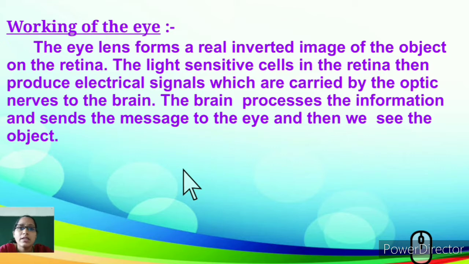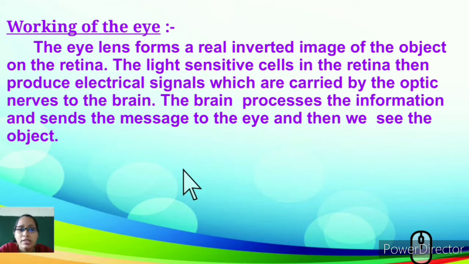So let's now understand the working of the eye. The eye lens forms an inverted image of the object on the retina. What happens here is the retina produces electrical signals.